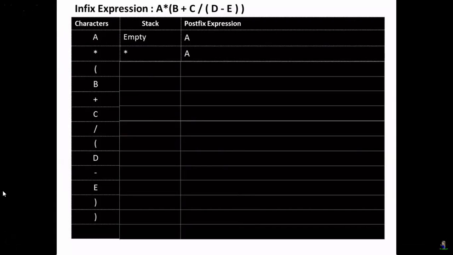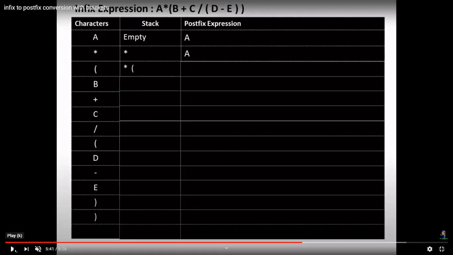Then the second is the operator, so it will be pushed to the stack, and in the postfix expression we will be having A as it is. Then the next thing we have is the opening bracket.